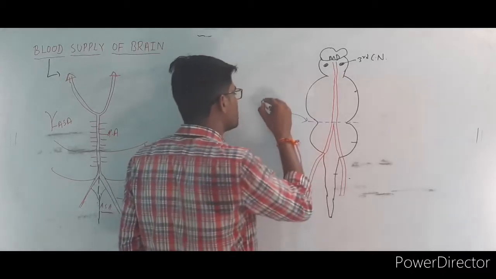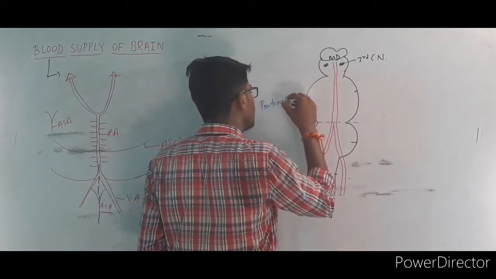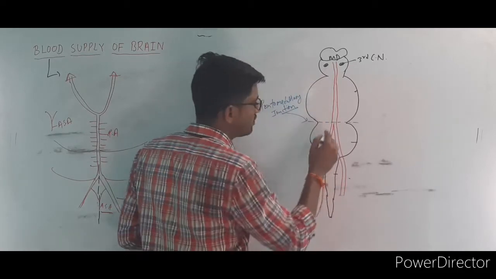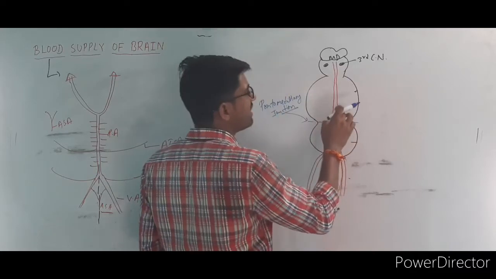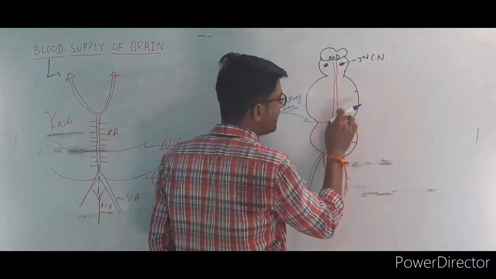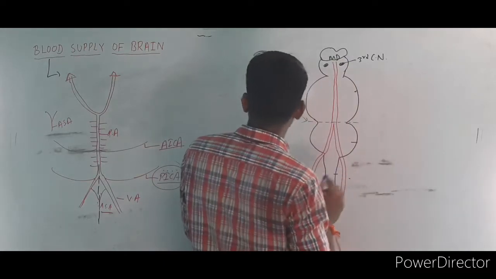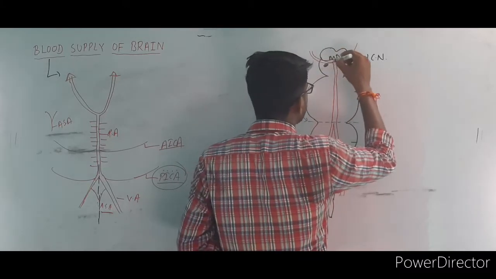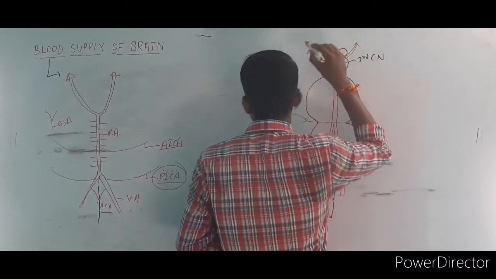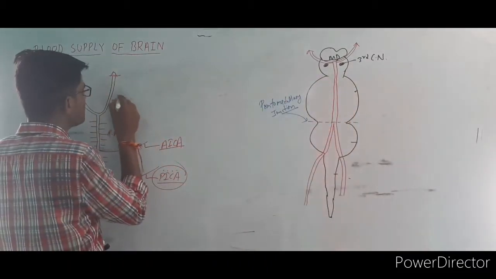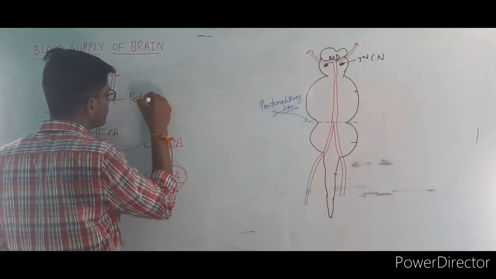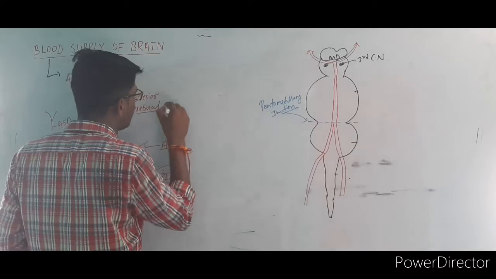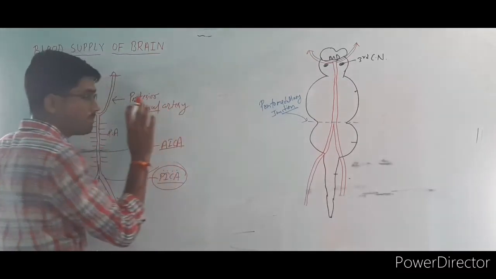So they meet at the level of the pontomedullary junction. From there, this is the basilar artery, going up to here. Now, can you tell me the two branches from here? What is the name of these branches? This branch is the posterior cerebral artery.